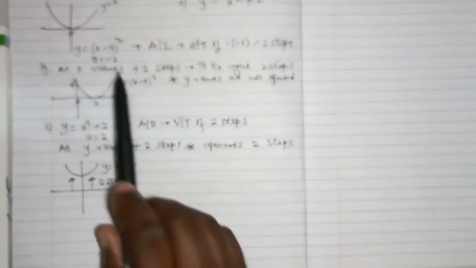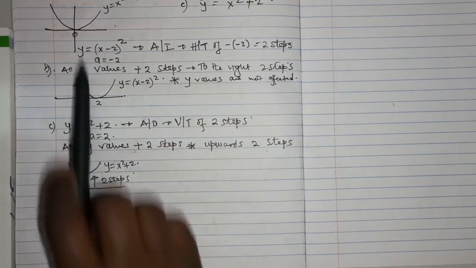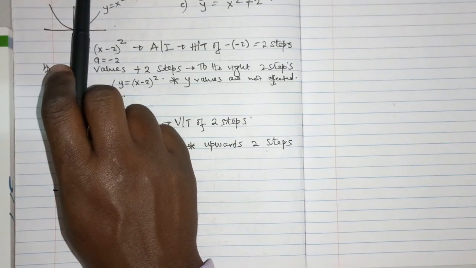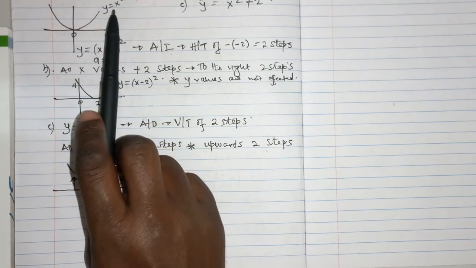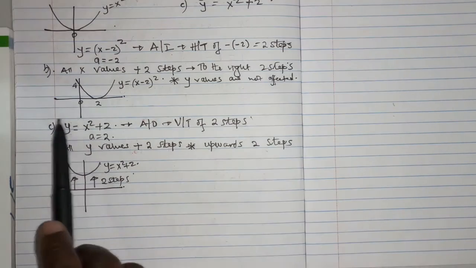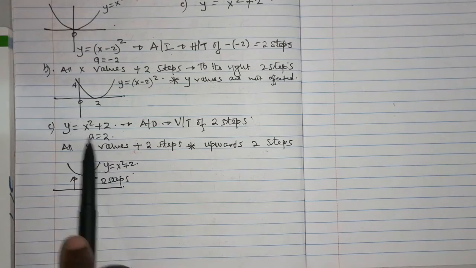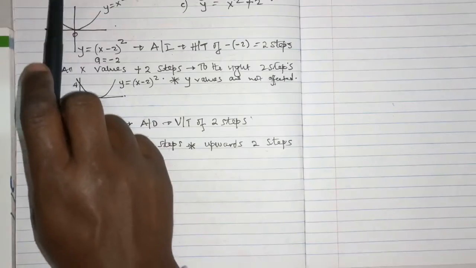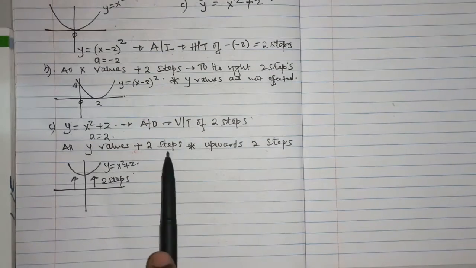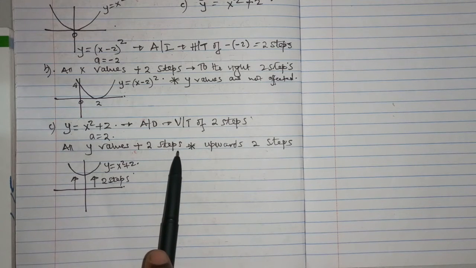Note that we were dealing with addition inside, and we have also dealt with addition outside. Addition inside was horizontal translation of minus a steps, meaning that all x values minus a, or rather plus 2. The second one, we're dealing with addition outside. You can see 2 is outside, and addition outside means vertical translation of 2 steps, meaning that all y values, you add each one of them 2 steps.